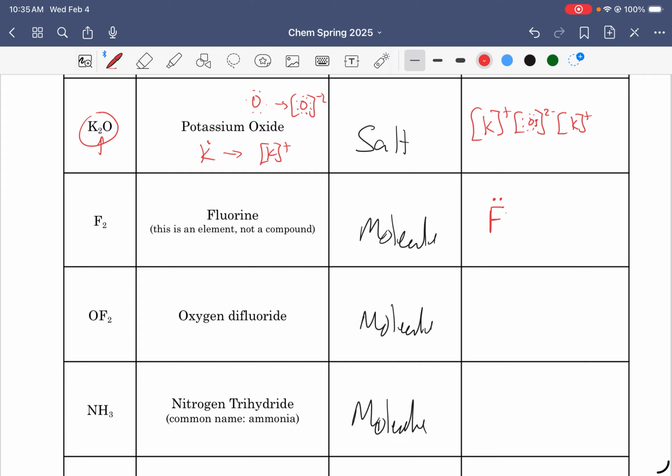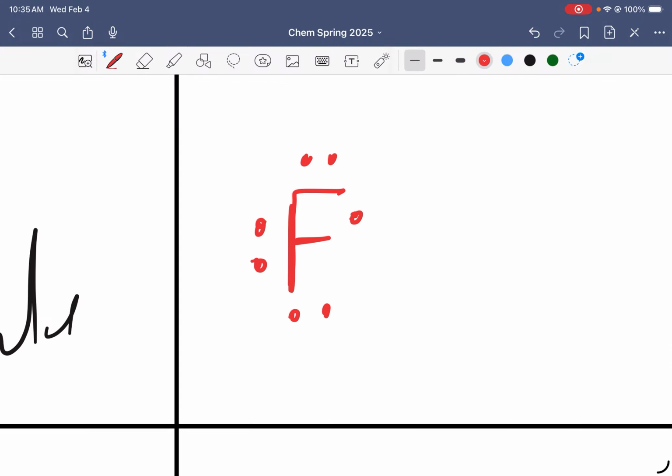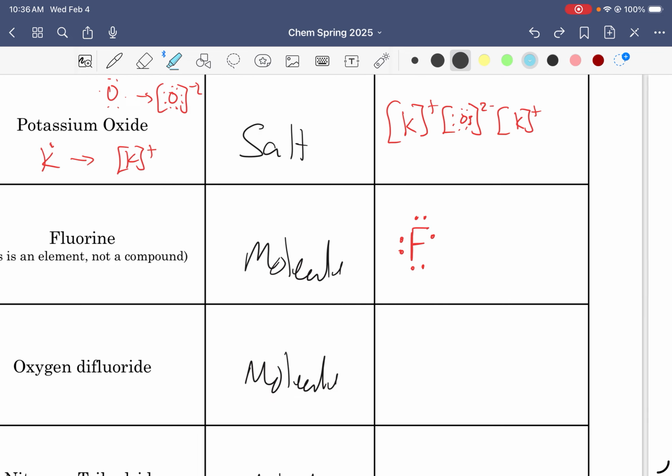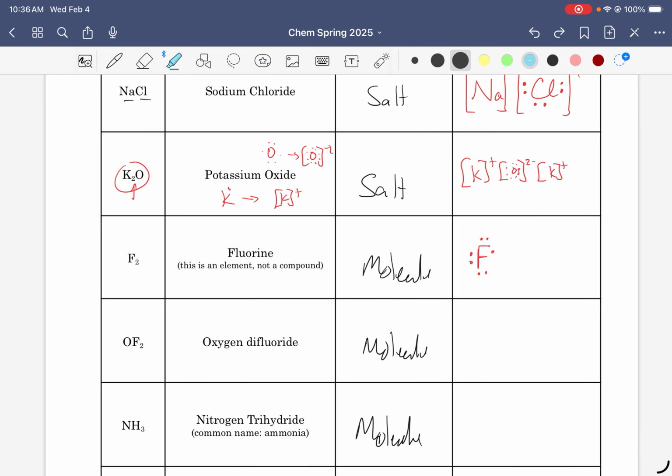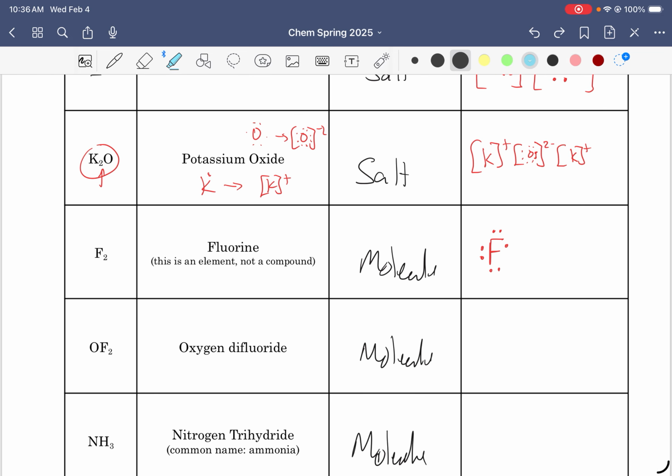And now, when I look at each fluorine, this blue fluorine, if it shares one, if it takes one from the other red fluorine, it has 8. If I look at the red, same thing, it also has 8 because those 2 in the middle are being shared.